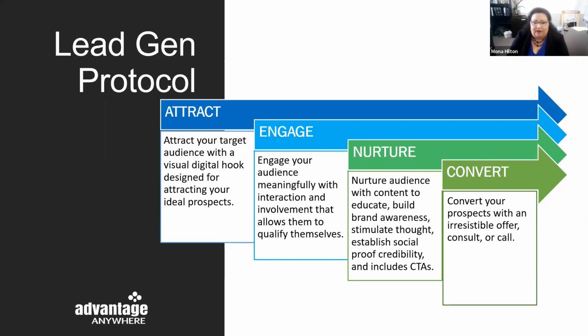That's your opportunity to really engage them with educational information, build brand awareness, talk about what's special about your organization or your community, and get them to think about things, and share testimonials and videos and all those things that we talked about so that you can convert them.